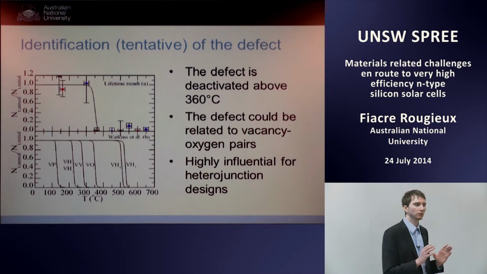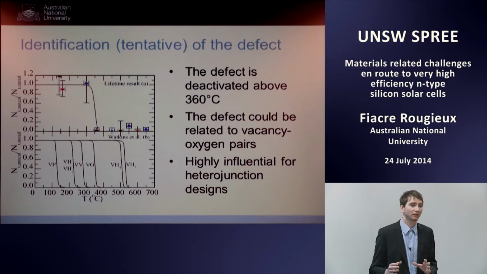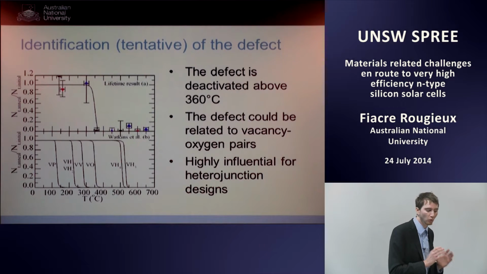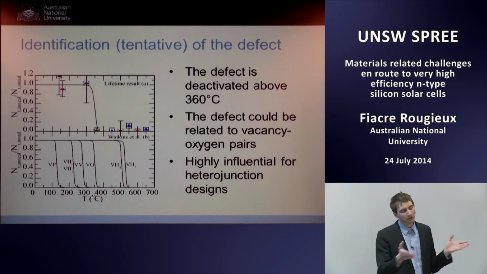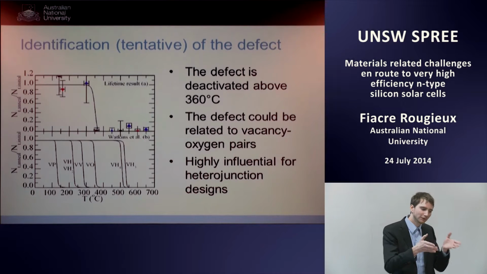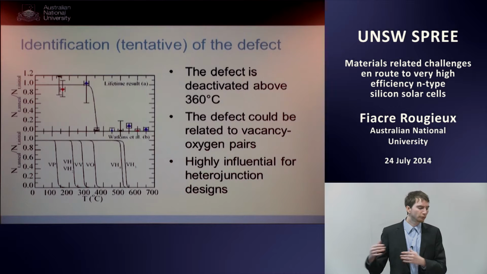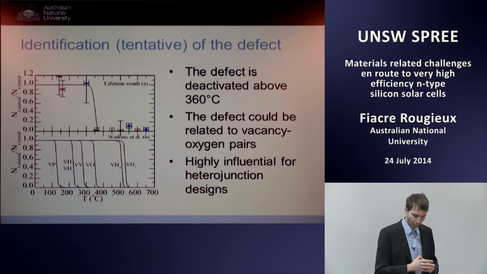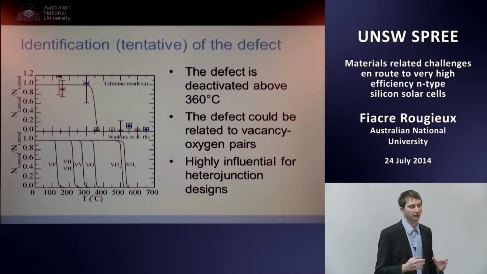If we use the wafer as is and go through the heterojunction process, we're not going to deactivate the defect, and we're going to have this low starting lifetime. We think that for this particular CZ wafer, which is not all wafers, it would be beneficial to do a pre-anneal around 400 to 500 degrees to deactivate the defect before starting a heterojunction process.